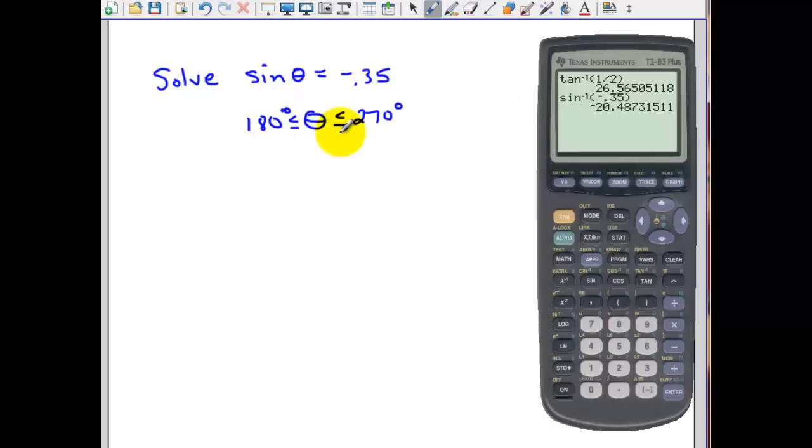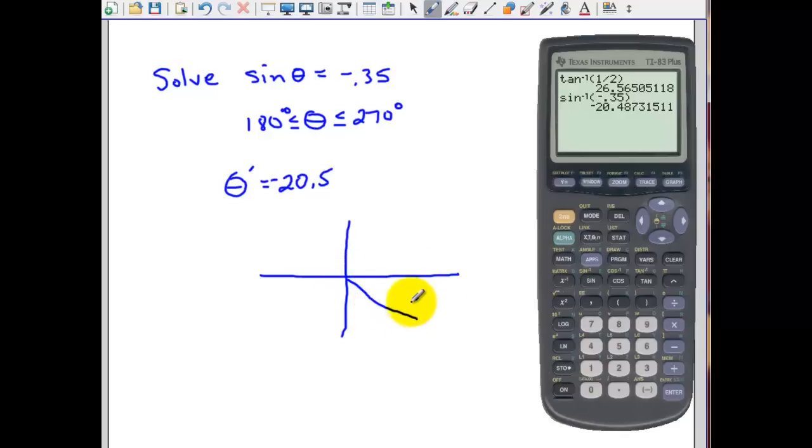If we solve the problem worded this way, which is the way a number of the problems in your book are going to be worded, when we do the calculator here, our angle that we get, let me call it a sort of reference angle, that is a solution, but it does not meet the criteria of the solution that we were looking for here. So we have to go to the unit circle like we just did a minute ago.